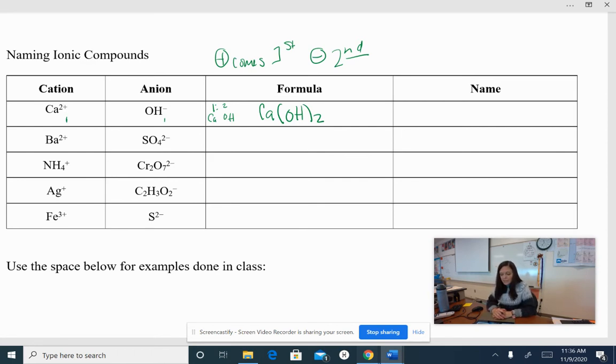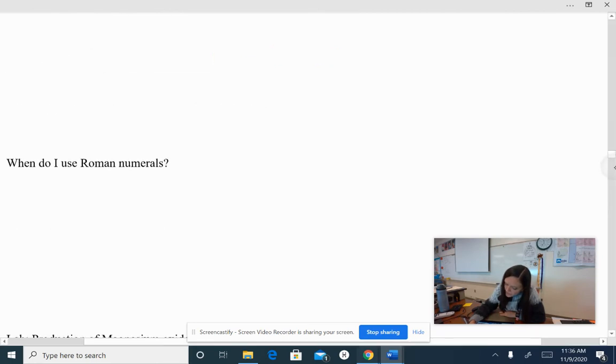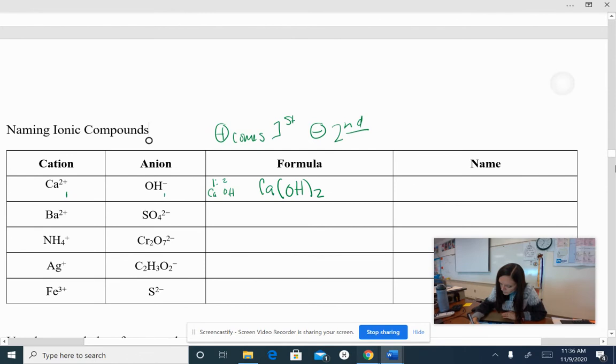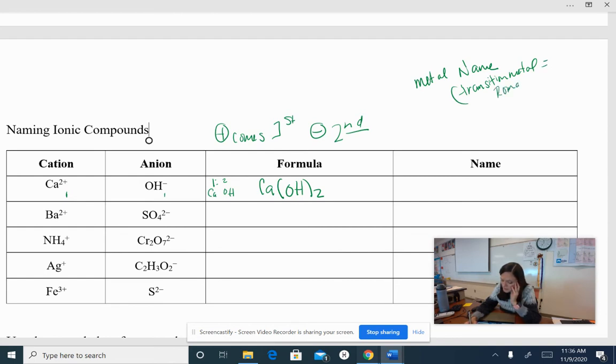Now, when we name, we always give the metal name. And then if it's a transition metal, and we'll get into transition metals, we might need to put in a Roman numeral to give the charge.